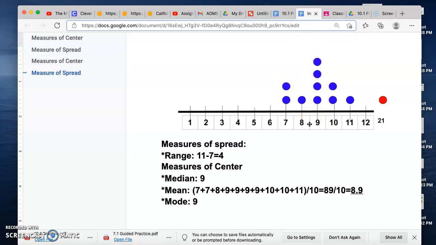So now, if I'm trying to open this shoe store, what size shoes people wear is pretty important. So with this information, it looks like most people wear close to a size 9. So if I am trying to figure out what size shoes I need to buy to supply people in this neighborhood with shoes, I'm going to say, okay, I'm going to want to buy a whole bunch of size 9s.